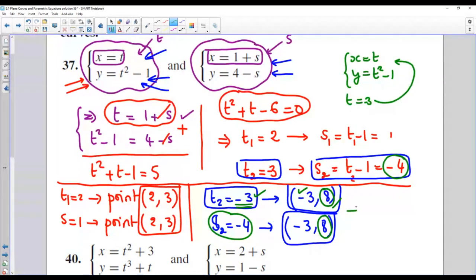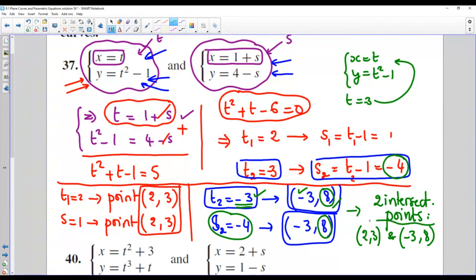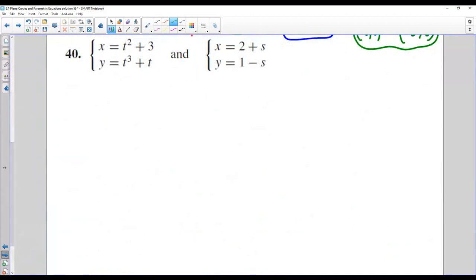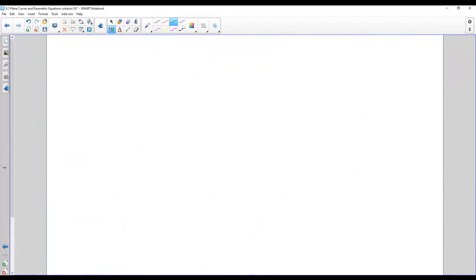So two intersection points, which are 2, 3 and minus 3, 8. That's the final conclusion of this work. These two curves will cut at the two points. All right, I will stop here this section. We're done.